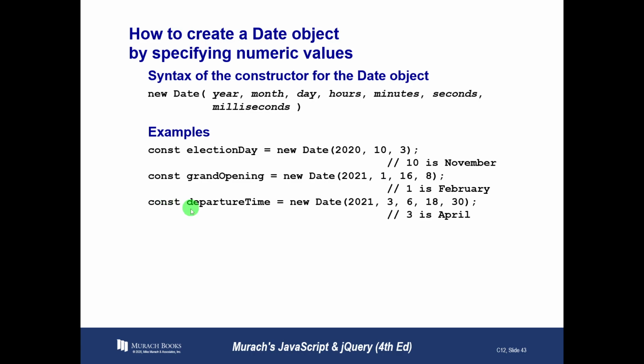And departure time, these are the same examples we saw in the previous slide. Again, 3 is April. They keep putting comments in here to remind you that the months are 0 numbered when you're using this method of creating a new date. So be very careful about that.